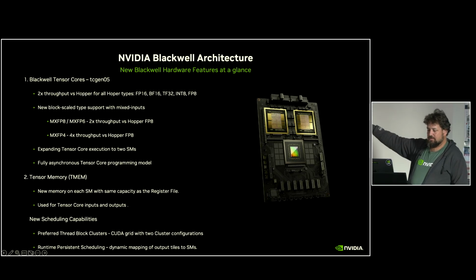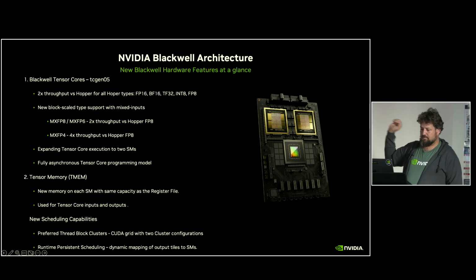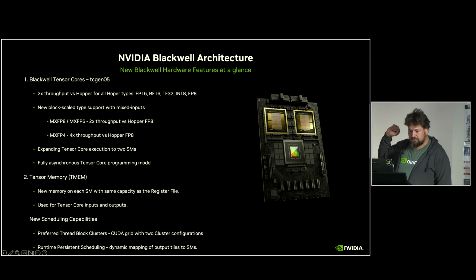So what we're doing is going to smaller width types in order to get to that precision. Next, we're doing mixed precision things. The researchers are all into this block scale type support for mixed precision. So we continue that theme of getting smaller and smaller precision so I can scale these inference models.